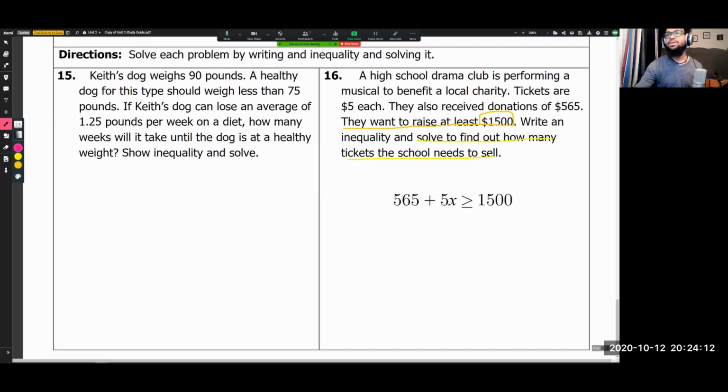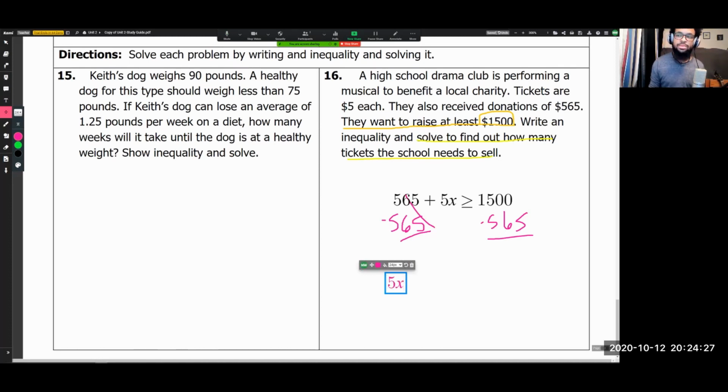This is going to be a minus 565 on both sides. And I have this 5x.